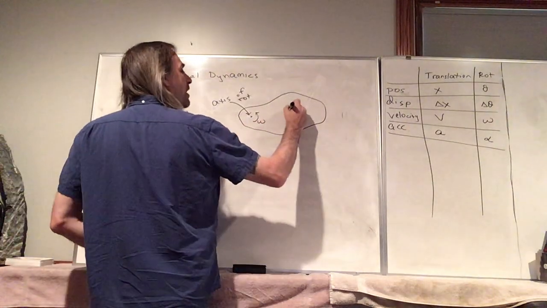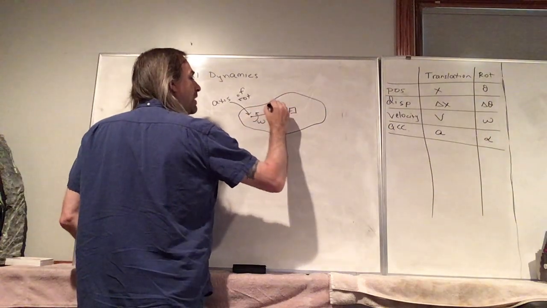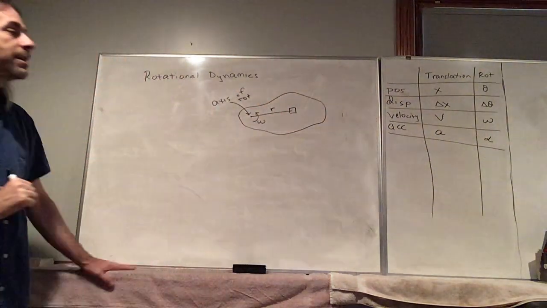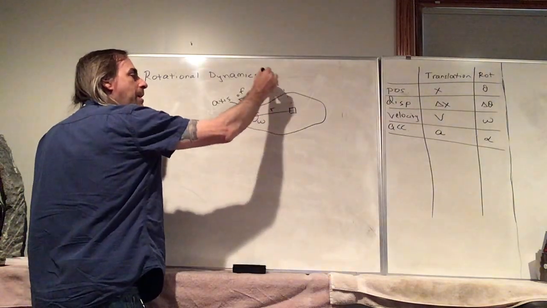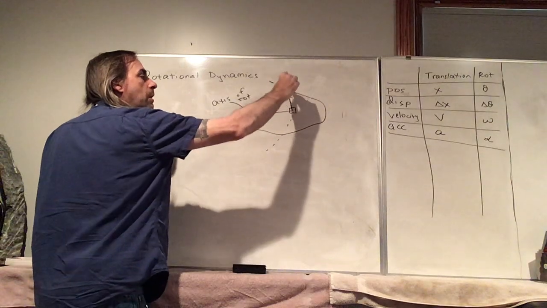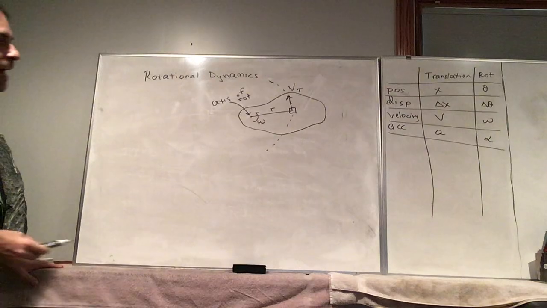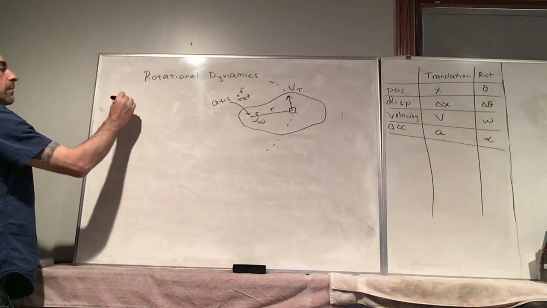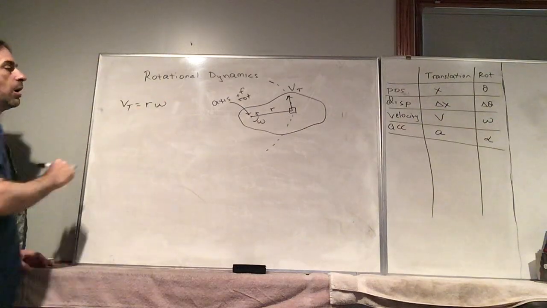And what we're going to do is look at one piece of this object that is a distance r from the axis of rotation. As this object's rotating, this piece is moving in a circle. It has a tangential velocity, and the tangential velocity is equal to r omega.